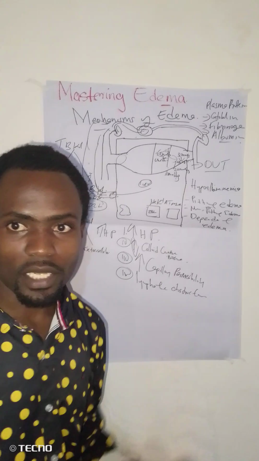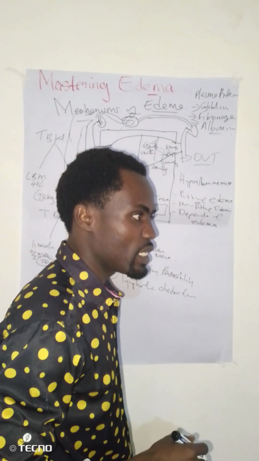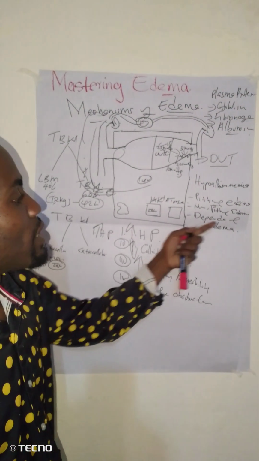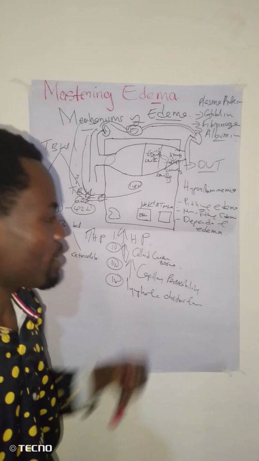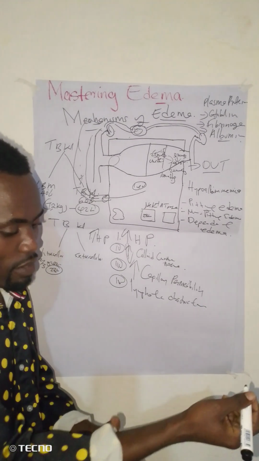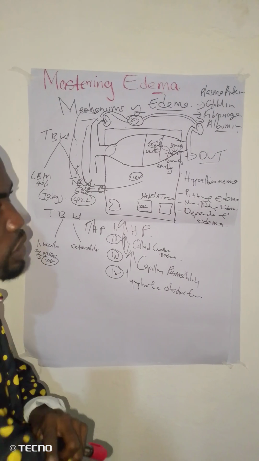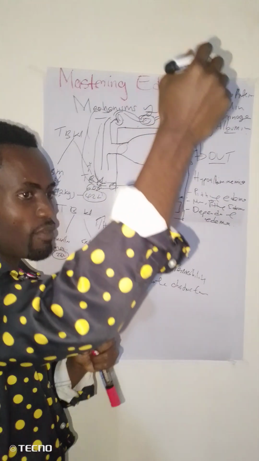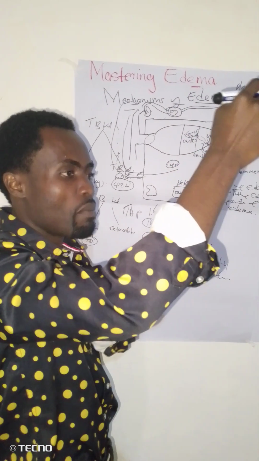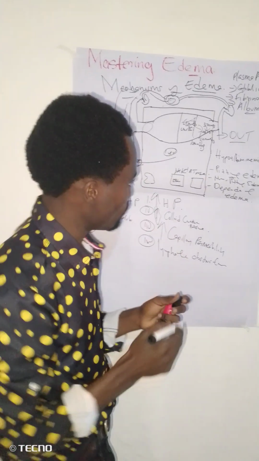For example, when someone sits down and you find there is sacral edema, you say that it is dependent edema. Maybe there is an inflammation, edema of the hand, edema of the arm. When you elevate it, the edema will resolve, meaning it depends on the gravitational force.